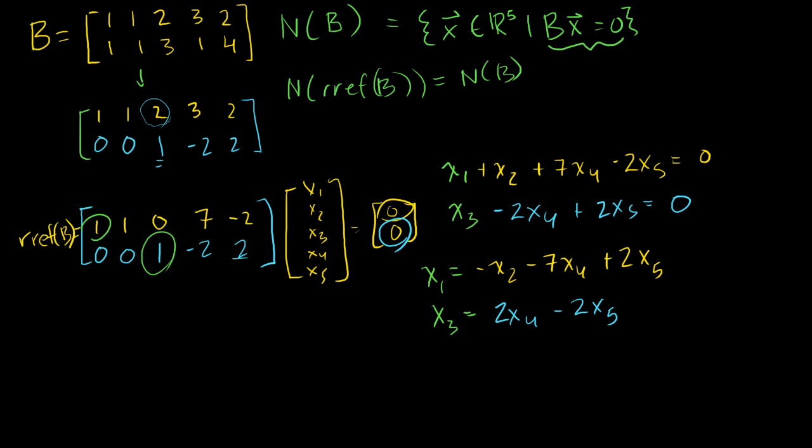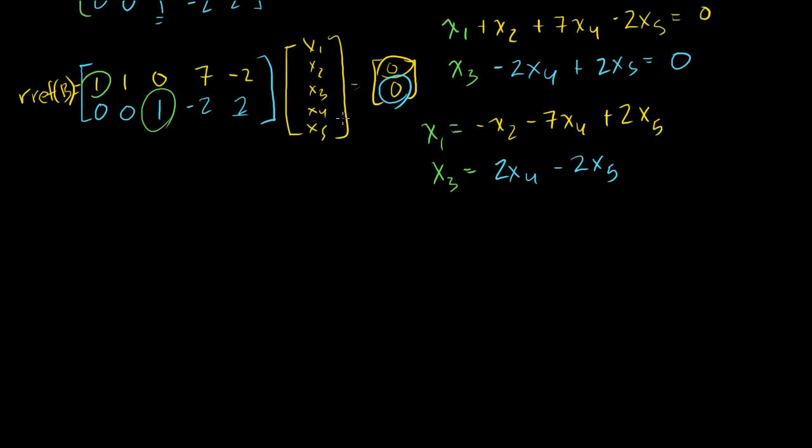And so if I wanted to write the solution set in vector form, my null space really is all the possible x's, x1, x2, x3, x4, x5. This is my vector x that's in R5. It is equal to a linear combination of these. So let me write it out.